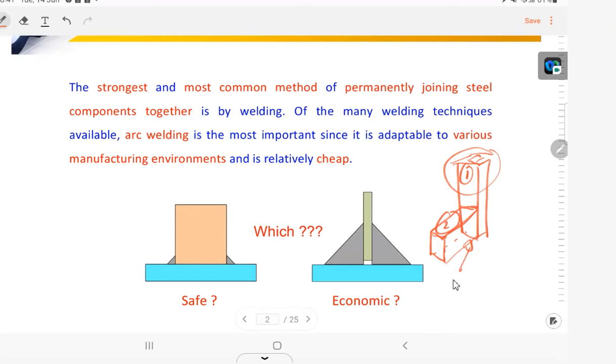And you have to think as a designer, either your structure will be disassembled or permanently joined. If later the user needs to disassemble part one and part two, you have to think. For example, the structure needs to be stored.